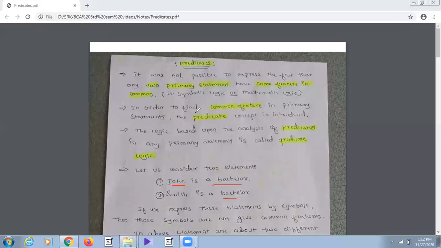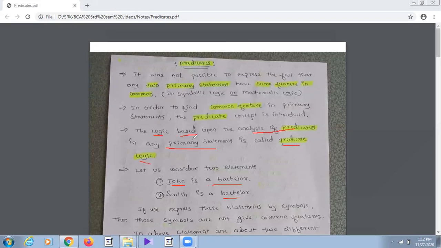No, sir. Okay, next, the logic based upon the analysis of predicates. In the primary statements, we are identifying the common feature, and that logic is called predicate logic.